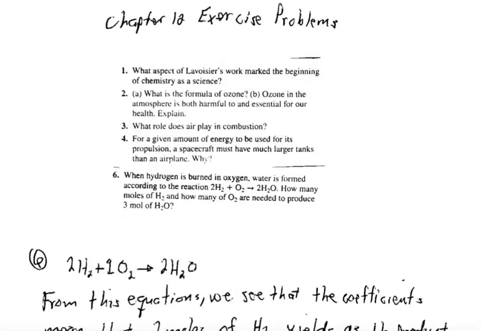Number four, for a given amount of energy to be used for its propulsion, a spacecraft must have larger tanks than an airplane. Why? A spacecraft is meant to travel beyond the Earth's atmosphere, which means it must take its oxidizer, its fuel, with it in a tank.